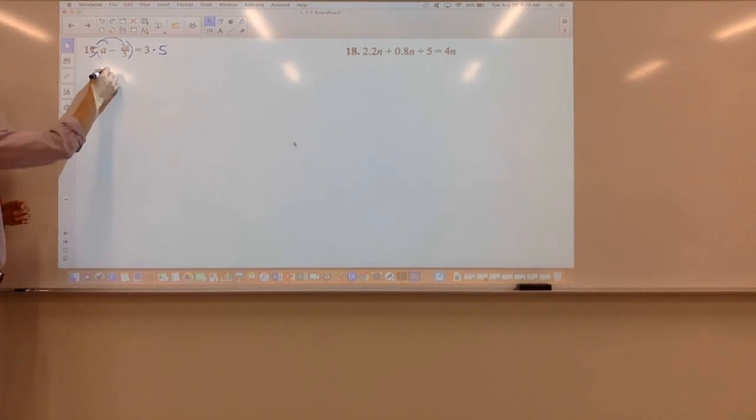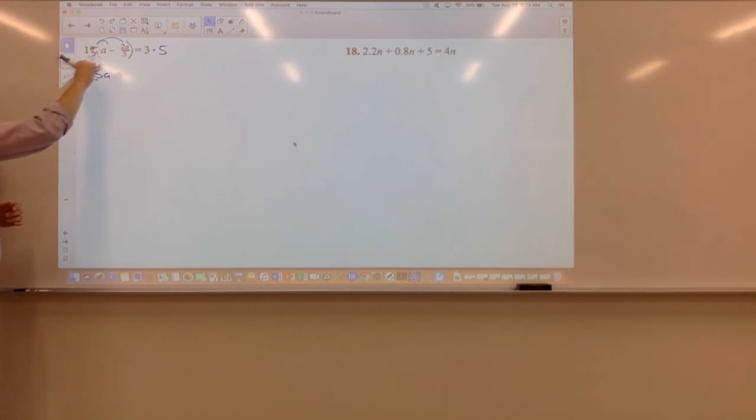So here we would have 5a, and then what's 5 times negative 2a over 5? How would we do that? The 5 would cancel. So it would be 10. Not if the 5 cancels out. So it cancels out that whole fraction, you don't multiply the 5 by the 2. Right.